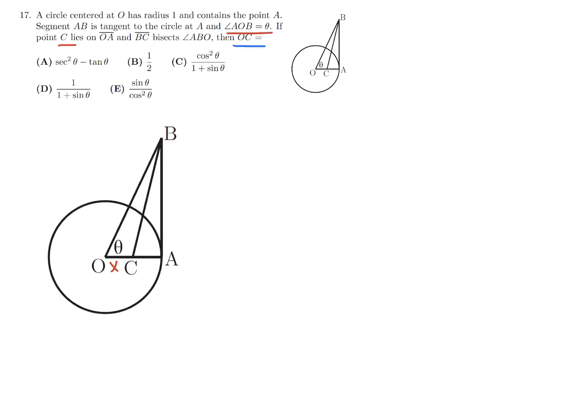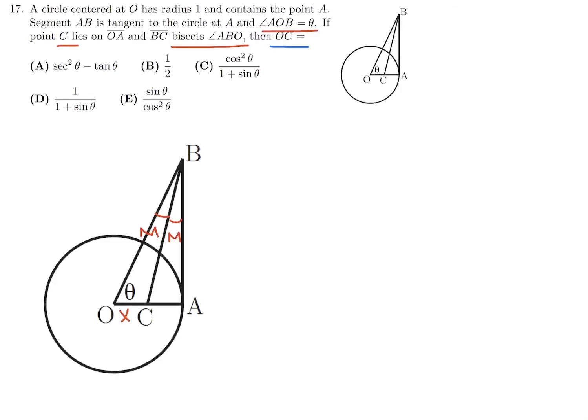Point C lies on OA and bisects angle ABO. So ABO is this whole angle right here, but it's been bisected by C. So this angle in here is the same as this angle in here, and let's call that m, like that.